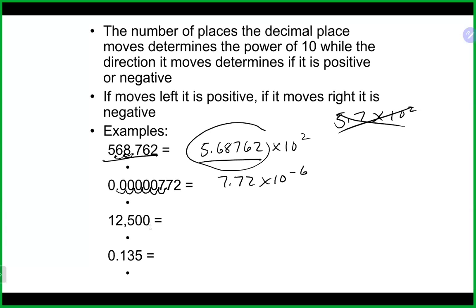Here, there actually is no decimal point written in the actual number, which does make a difference in terms of significant figures. But in terms of scientific notation, we assume that it's at the end, even though it's not written there. And that means that we do need to go 1, 2, 3, and 4 places. Gives us 1.25 times 10 to the 4.